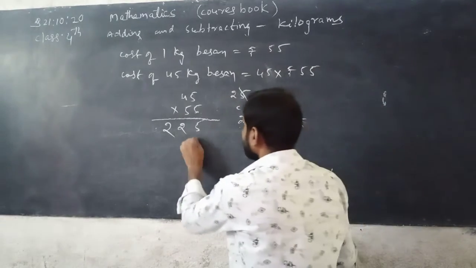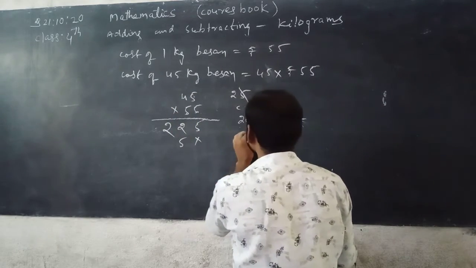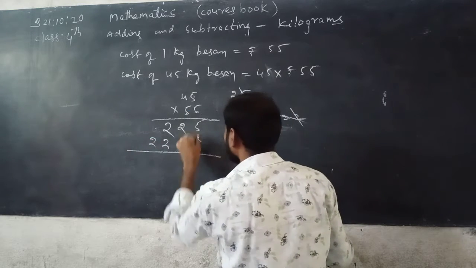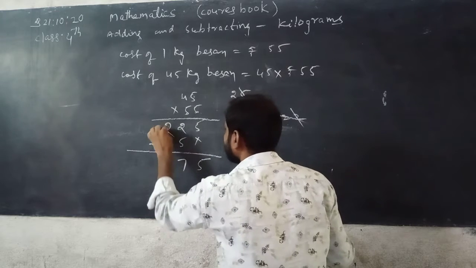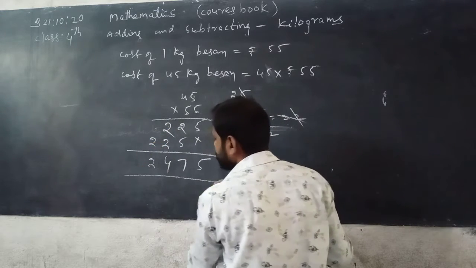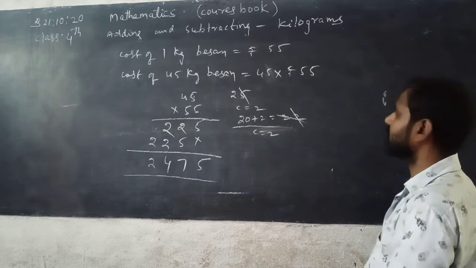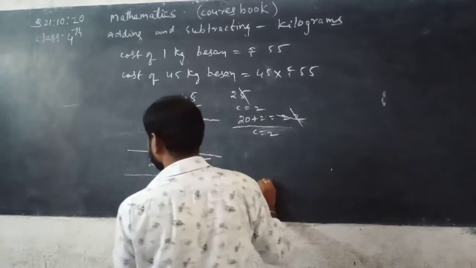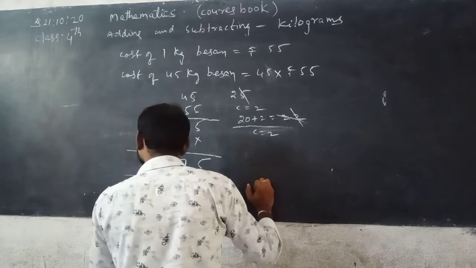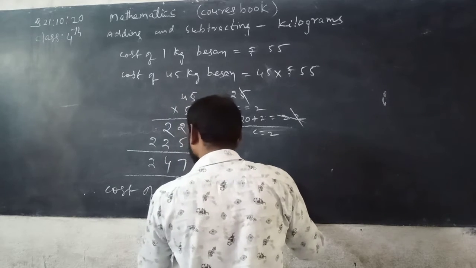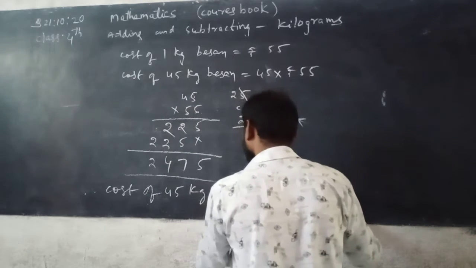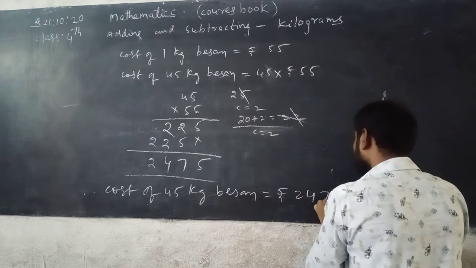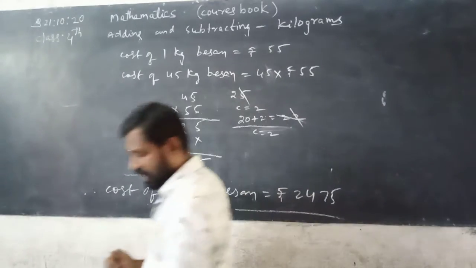Now next, 5 5s are 25, 5 taking, carrying 2, 5 4s are 20 plus 2, 22. So you get 5, 2 plus 5, 7, 2 plus 2, 4, 2. So the cost of 45 kg besan is equal to 2,475 rupees.